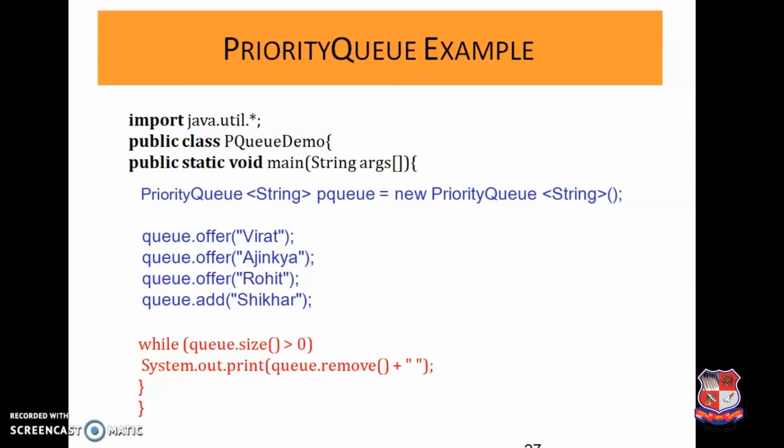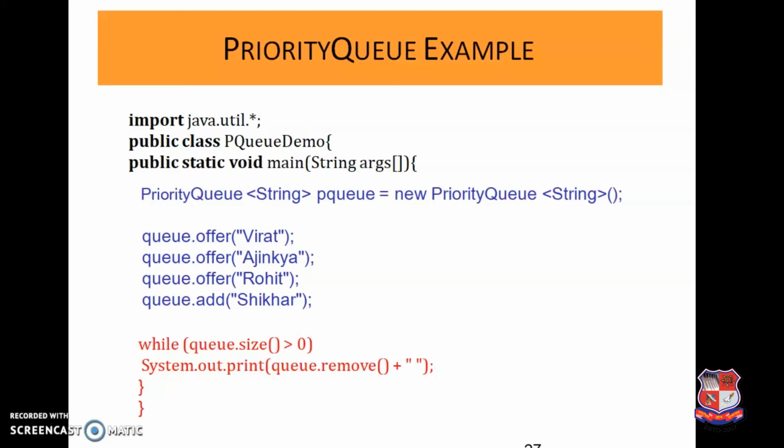Ajink will be printed first because PriorityQueue uses the Comparable interface to get the priority of an element. So Ajink has the least value because in lexicographical sort, Ajink will be sorted first.